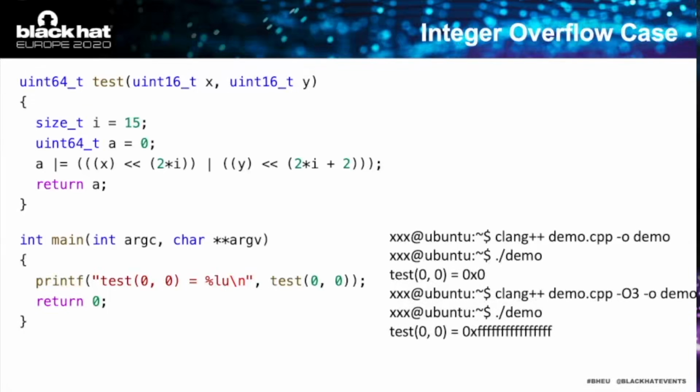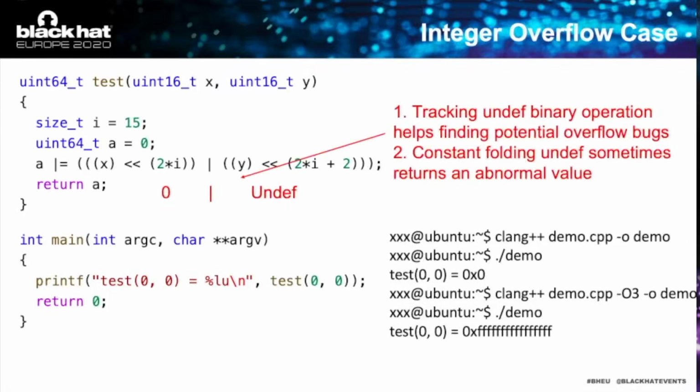If we observe the program more carefully, we will find there exists an oversized shift undefined behavior. We can check binary operations of undef to find the potential overflow. In addition, the arithmetic operations with undef sometimes return abnormal values. It may cause vulnerabilities too.